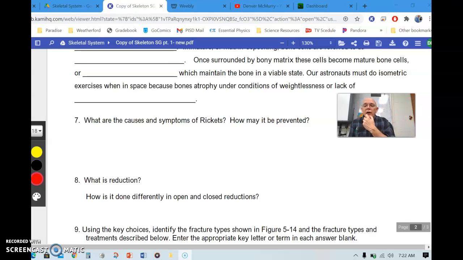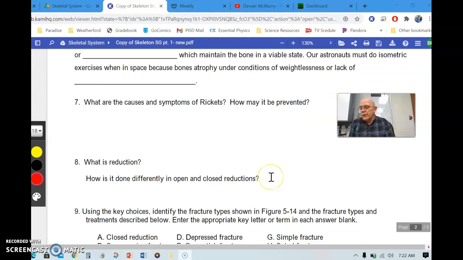Okay, all right. Reduction sounds like you're getting rid of something, but reduction just means, if you have broken bones, putting them back together so they line back up. And so that is a reduction. Now, an open reduction, the second part there, is when they have to go in surgery, open the skin, and put it back in. Usually they have to put bolts or pins or plates or something in there to hold the bones together.